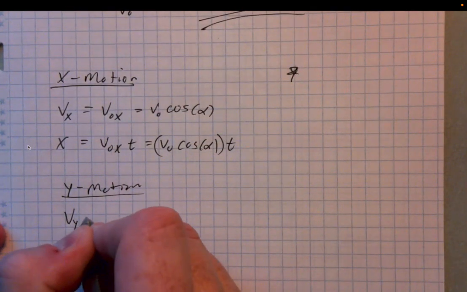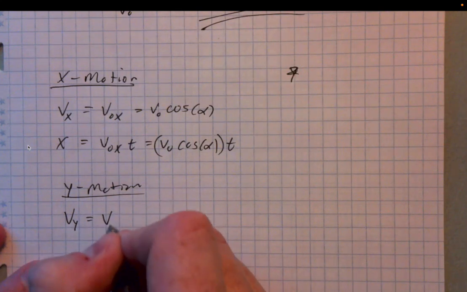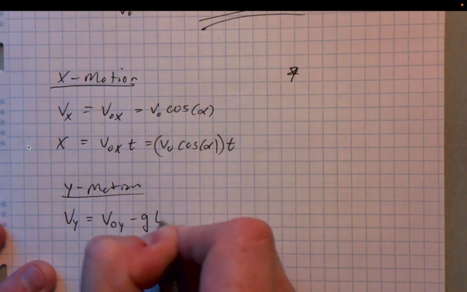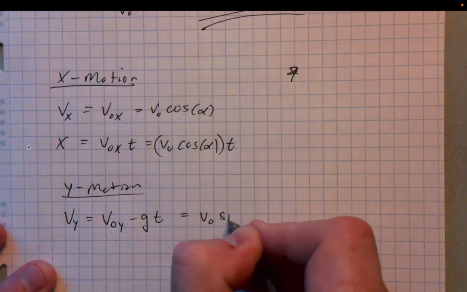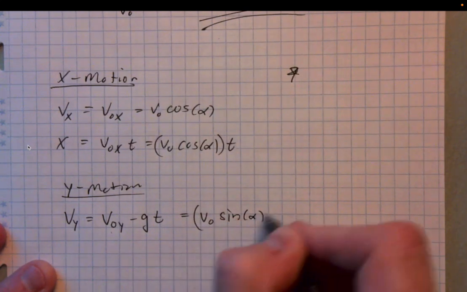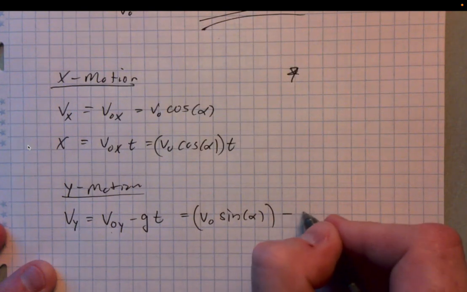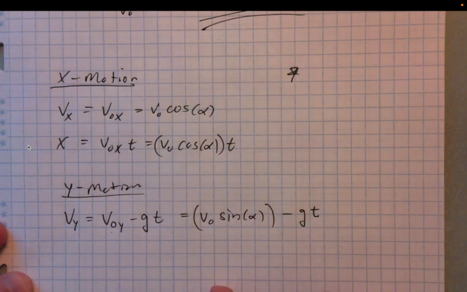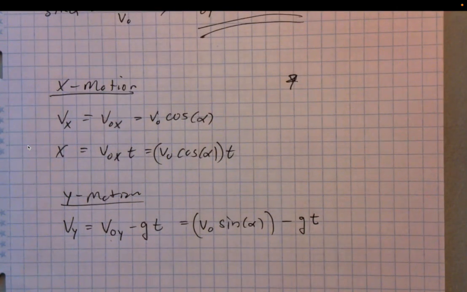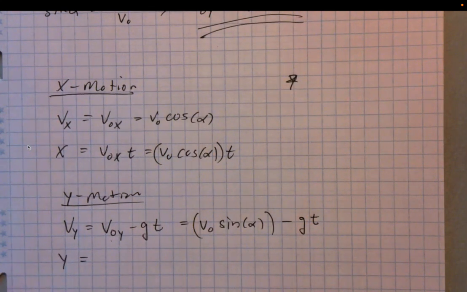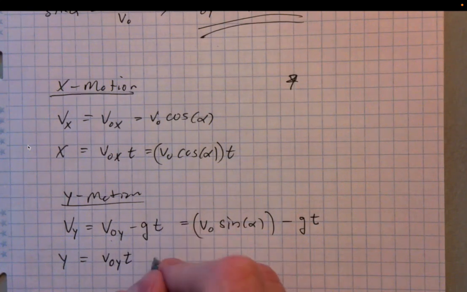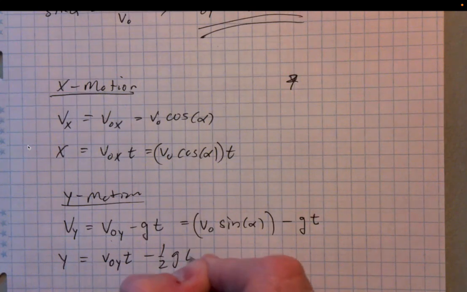v sub y is equal to v naught y minus gt, and now we know v naught y is v naught sine of alpha, and then minus gt. All right. And then y, the y component of position, would be v naught y t minus 1/2 gt squared.